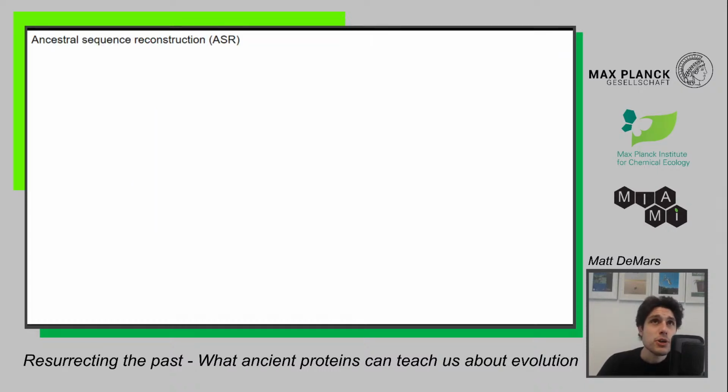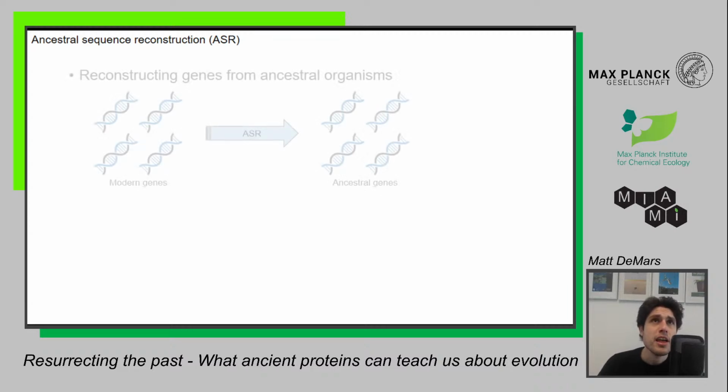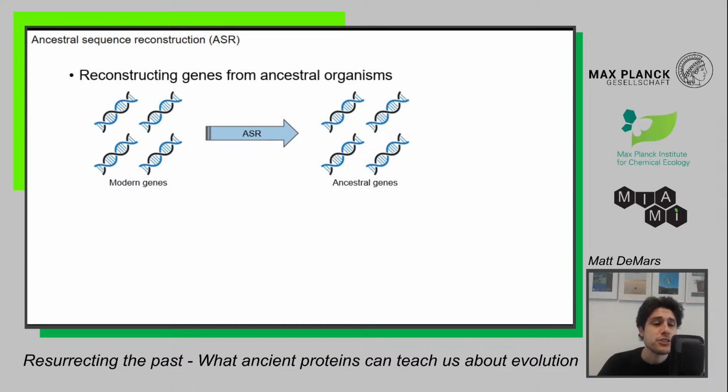So I'll be talking about this technique of ancestral sequence reconstruction that is used in this overlap area of evolution and molecular biology. So what is ancestral sequence reconstruction? It's self-explanatory, but basically it involves reconstructing genes from ancestral organisms.